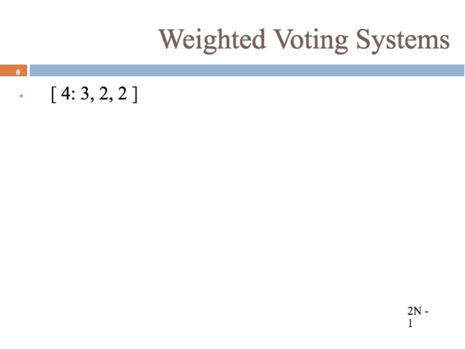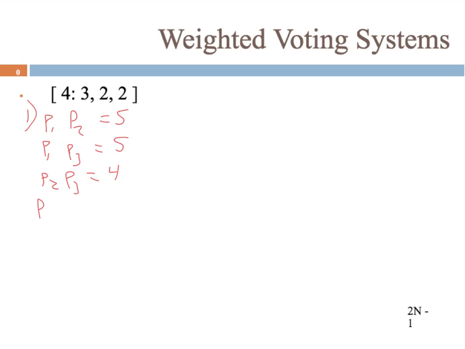So here we go. I'm going to list out the winning coalitions this time. And those, step 1, are going to be player 1 and player 2, player 1 and player 3, and with a total, so player 1 and player 2 add up to 5, player 1 and player 3 also add up to 5, player 2 and player 3 add up to 4, so that's enough to pass.